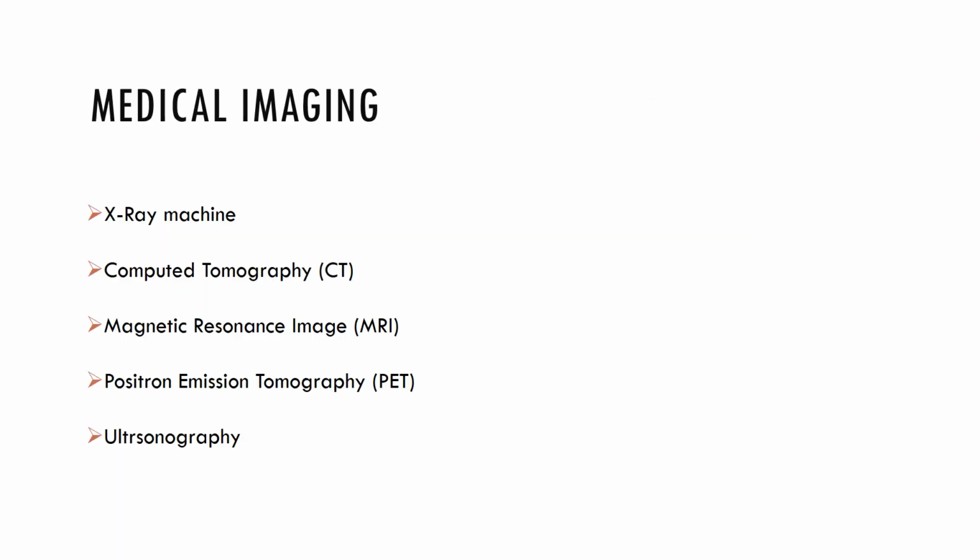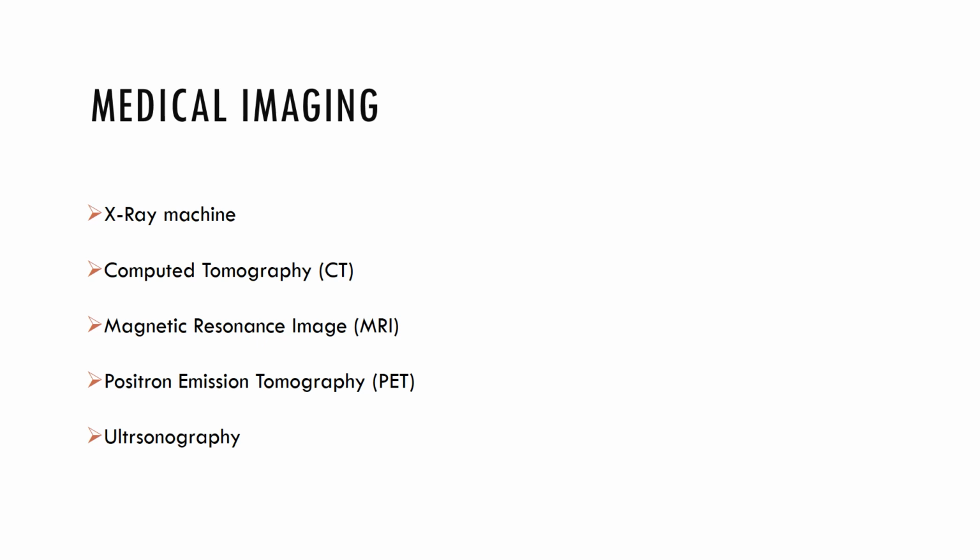Now there's many different ways that we can take images of the human body without actually having to go through an invasive procedure. So different types of medical imaging that can be used are X-ray machines, CT machines, MRI machines, PET machines, or ultrasonography.